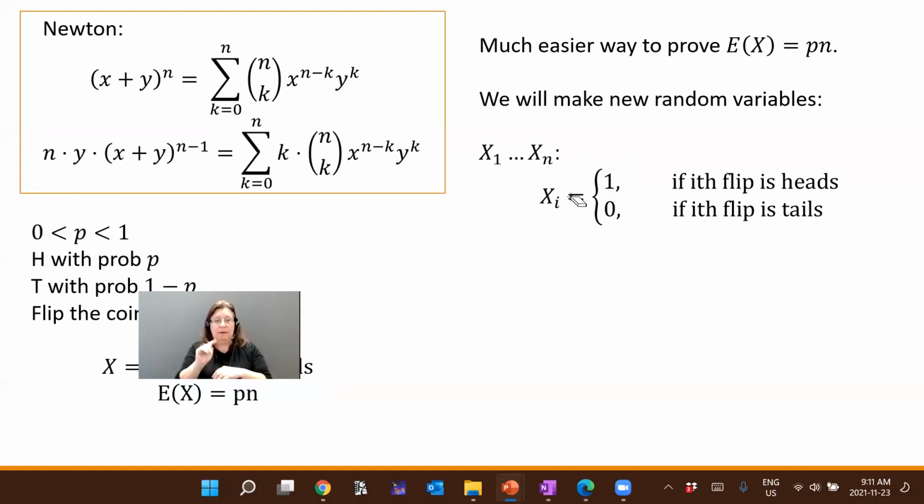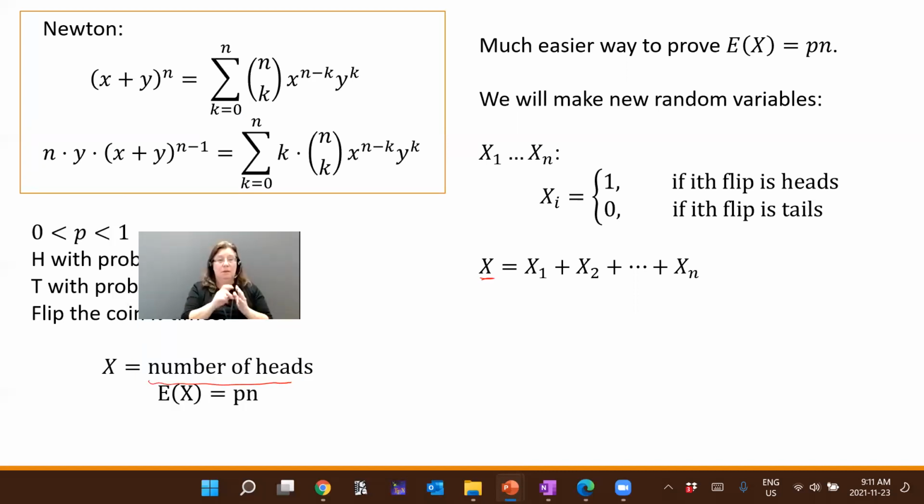So this indicates whether or not heads came up.